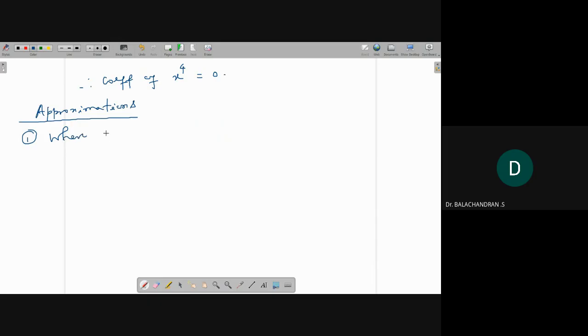When x is large, prove that root of x square plus 16 minus root of x square plus 9 is equal to 7 divided by 2x nearly.